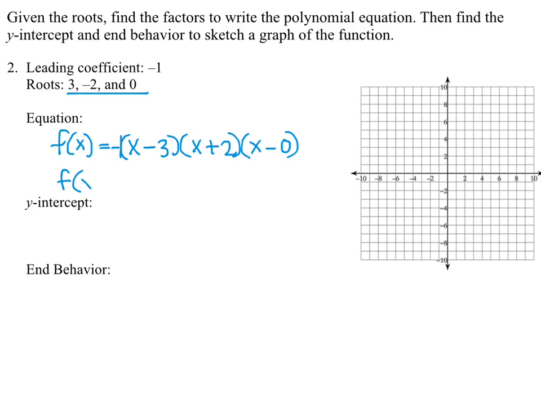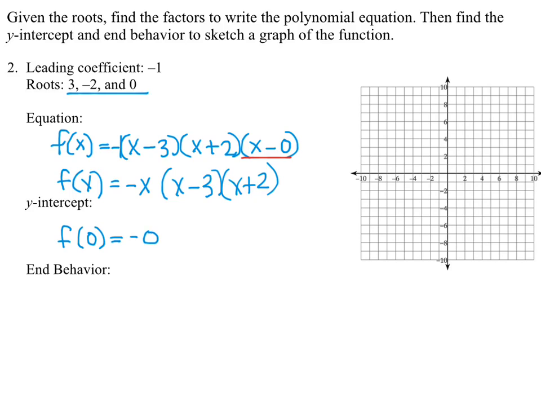I can also rewrite this x minus 0 at the end as just an x. I'm going to bring that down to the front and say this is -x times x minus 3 times x plus 2. So that's my equation. To find the y-intercept, I just want f of 0, which is -0 times 0 minus 3 times 0 plus 2, which simplifies to give me a 0.